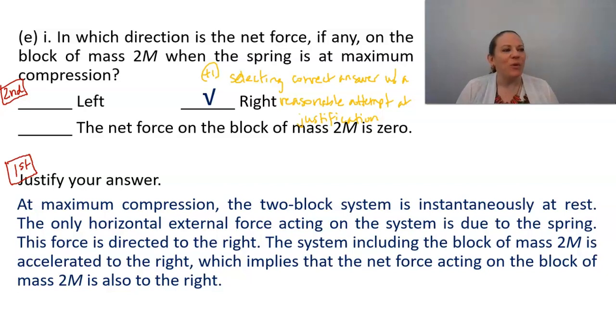We're going to get a second point for indicating that at maximum compression, so I am going to highlight this just to make it a little bit easier. Actually, we'll write 1 point for the following things that I'm going to highlight: at maximum compression, the block of mass 2m is accelerated to the right due to forces acting on the block of mass 2m.